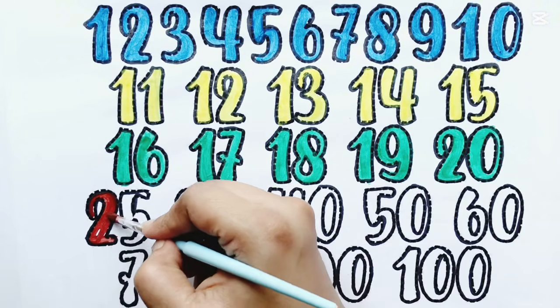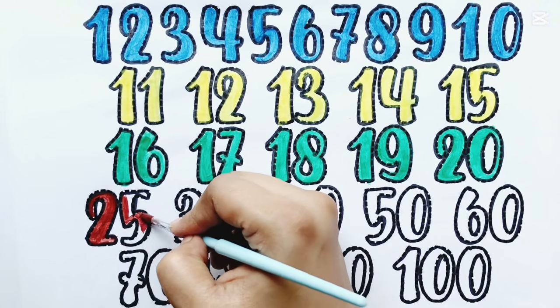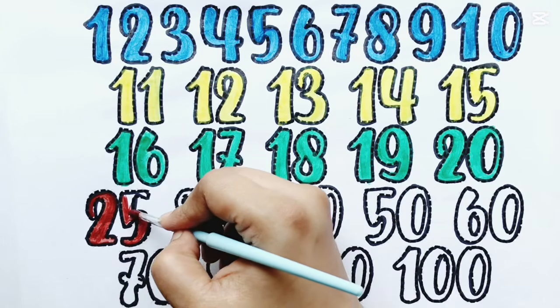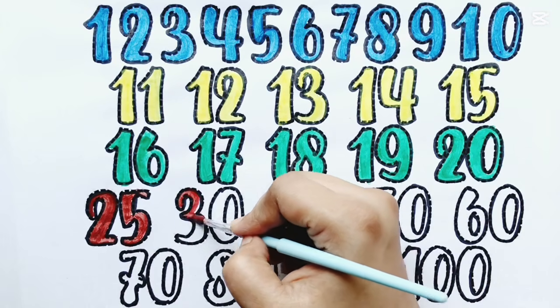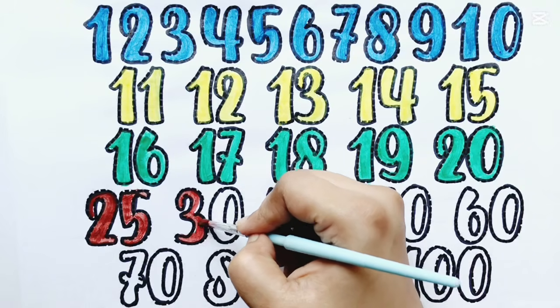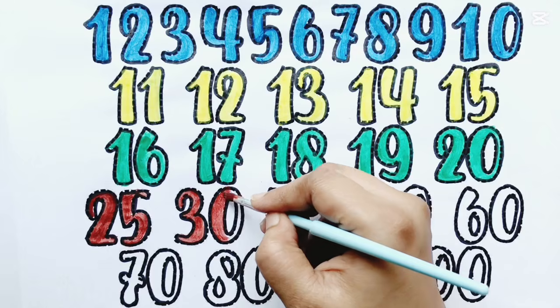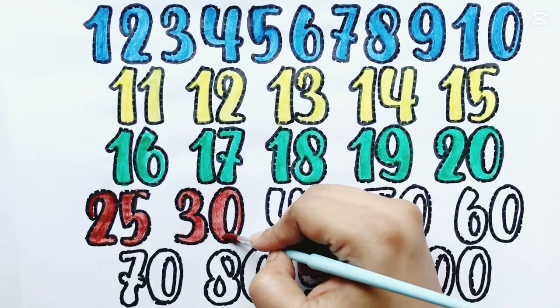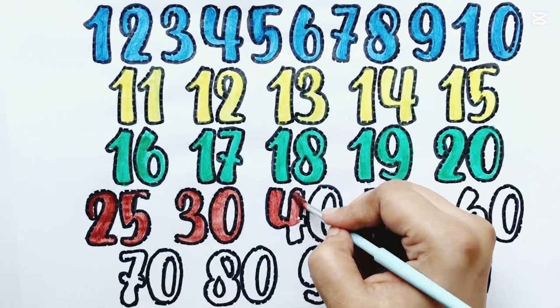Brown color. Number 25. Address, animal, answer, April, 30. Autumn, ambulance, airplane, arrow, alligator. 40.